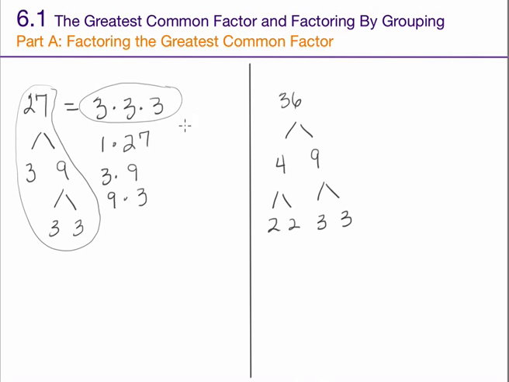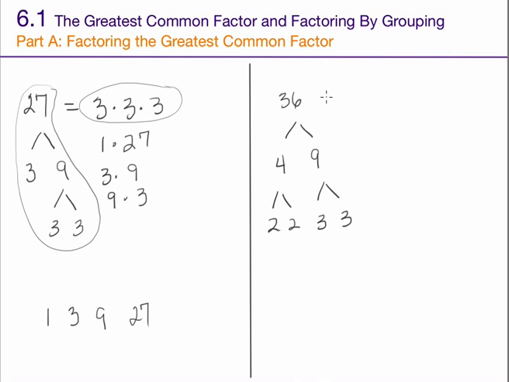The factors of 27 are any of the numbers that appear as a part of one of the ways to write 27. So I have a 1, I have a 3, I have a 9, and I have a 27. The factors of 27 are 1, 3, 9, and 27.